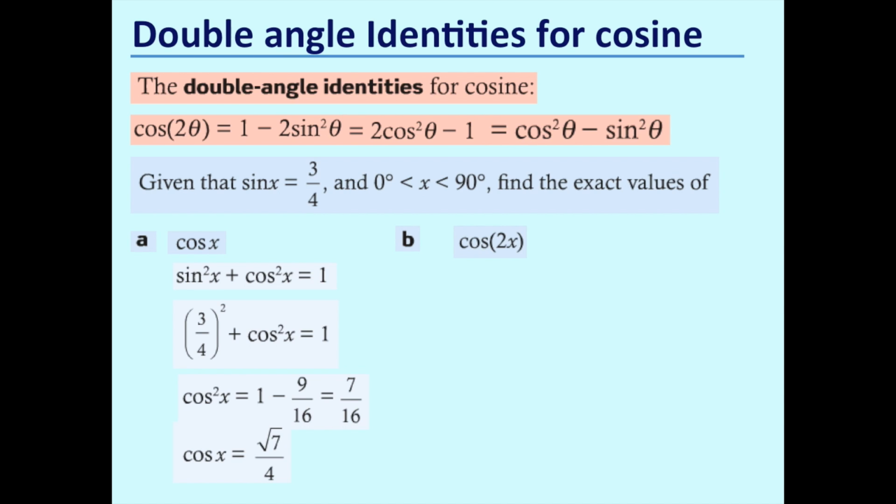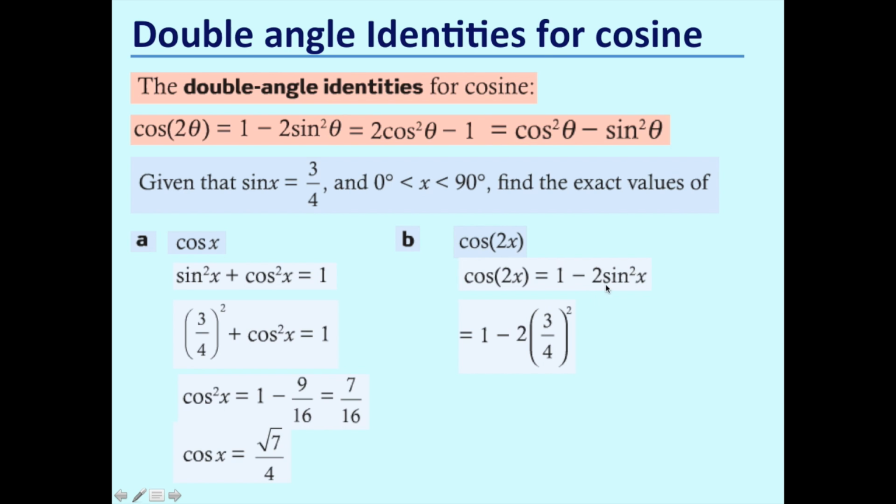For cos 2x then, we are going to hopefully recognise that we need to use one of these double angle identities for cosine. The question is which one? Now, if we have a look, we can see that the first one is the only one that relies purely on a value for sine. So in this instance, it makes sense that we substitute in here our value of sine, which is 3/4, into sine x here.